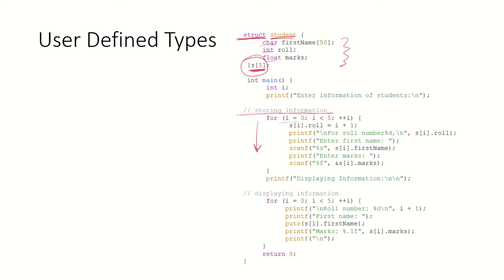So we go from i equal to 0 to 5. In each of the roll numbers, we increment it and ask for input and store it also. Similarly, we can store the marks also. Similarly, on this particular structure, we can display information also. So these are the functions that we are using for this particular user defined structure.